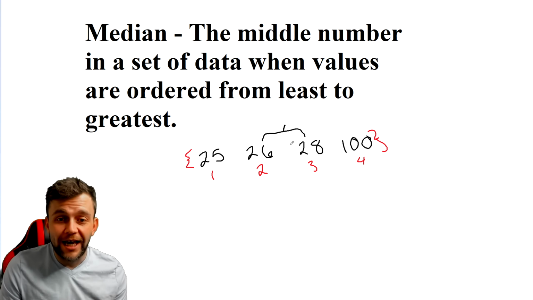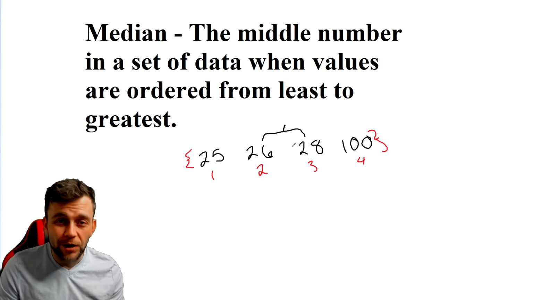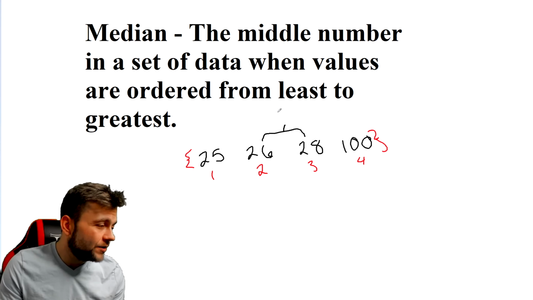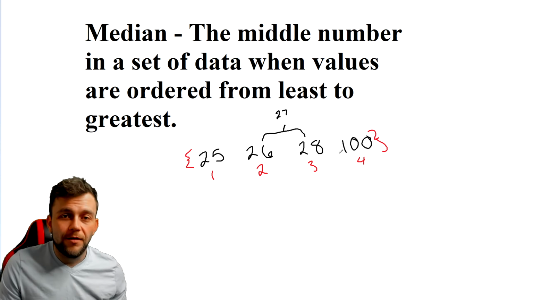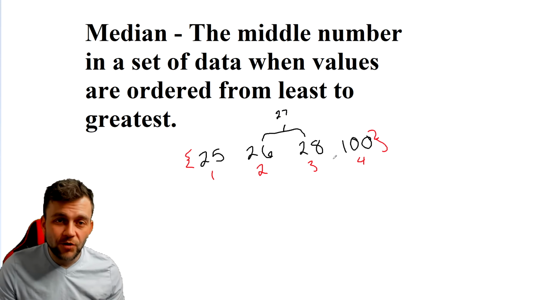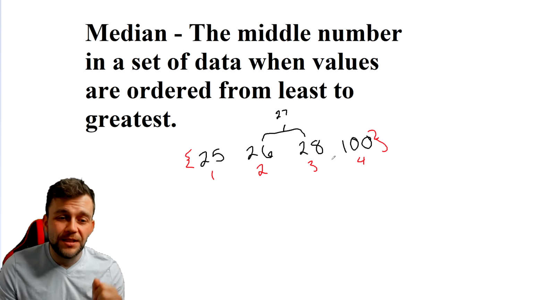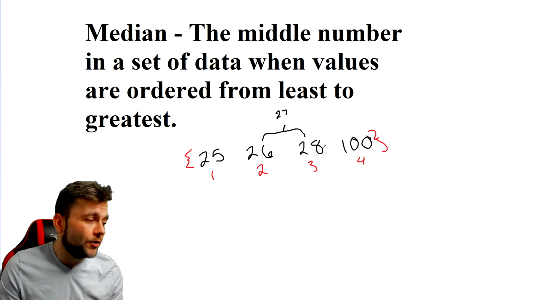So you take the average of those two. But we already know what it is. It is 27. If it wasn't evenly spaced like this, you'd have to add the 2 numbers and then divide by 2 to figure it out. But in our case, the median is 27.